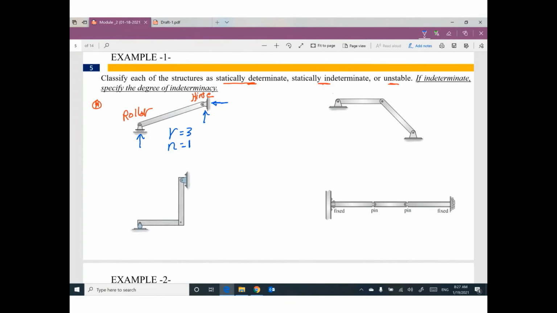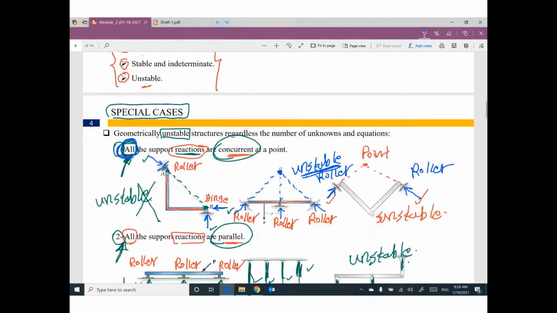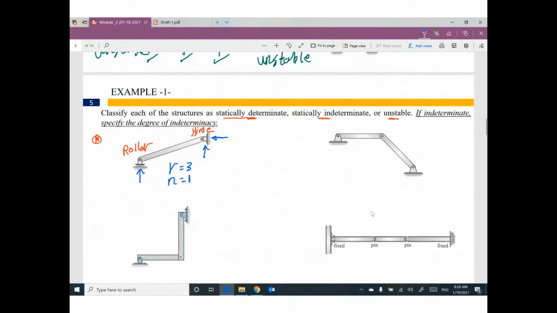Do you remember that? R is the number of reactions. N is the number of parts. Actually, we have only one part, so N equals 1. How many reactions? 1, 2, 3. So R equals 3, N equals 1.